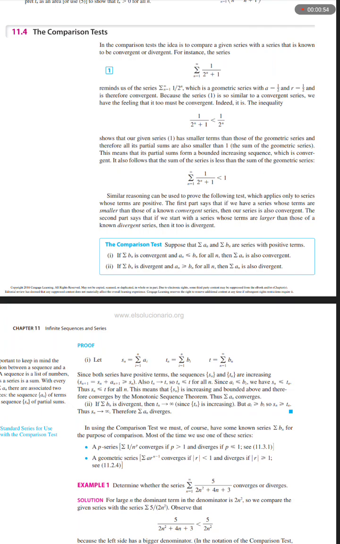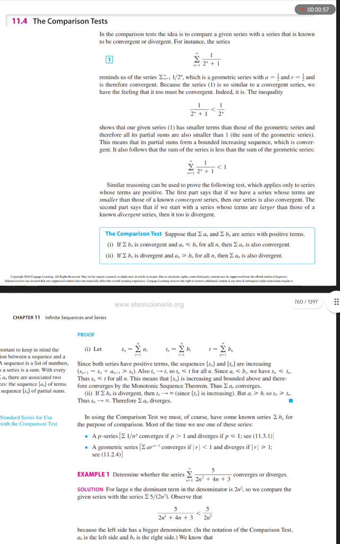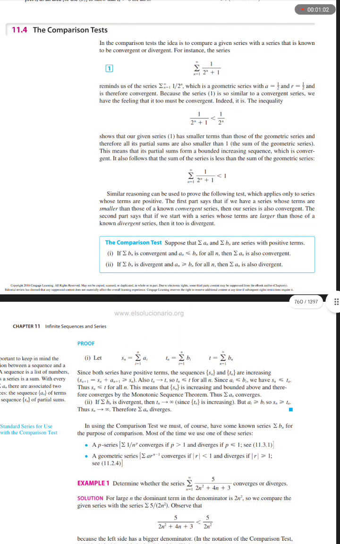Indeed, it is. The inequality 1 over 2 to the power n plus 1 is less than 1 over 2 to the power n shows that our given series 1 has smaller terms than those of the geometric series, and therefore all its partial sums are also smaller than the sum of the geometric series, 1.